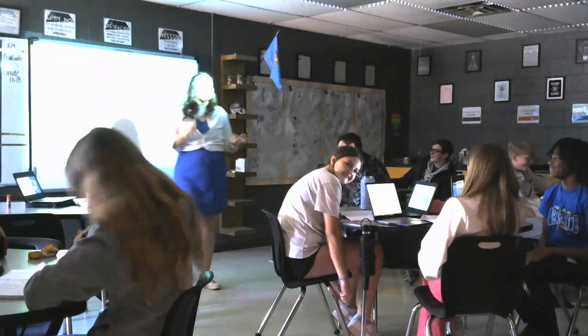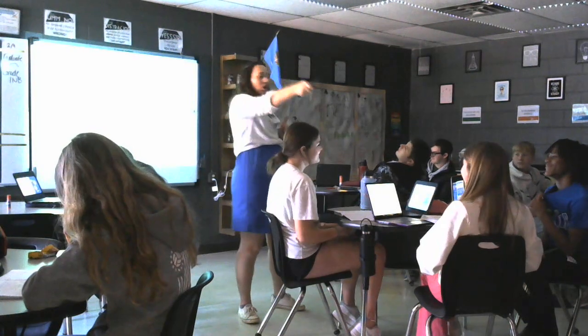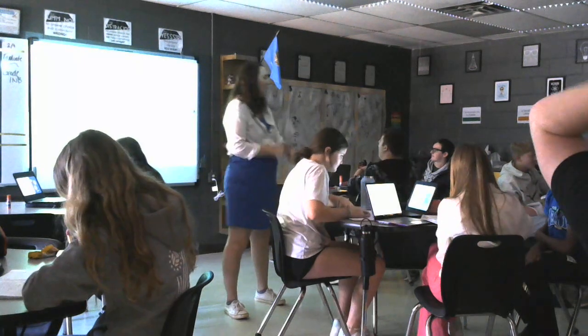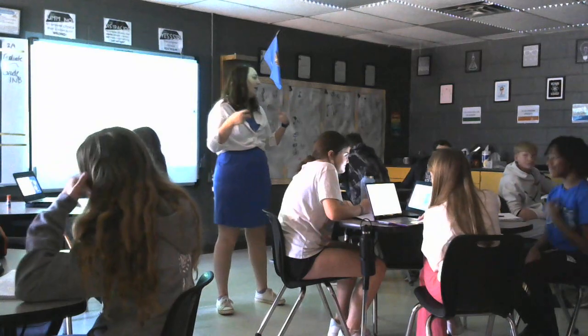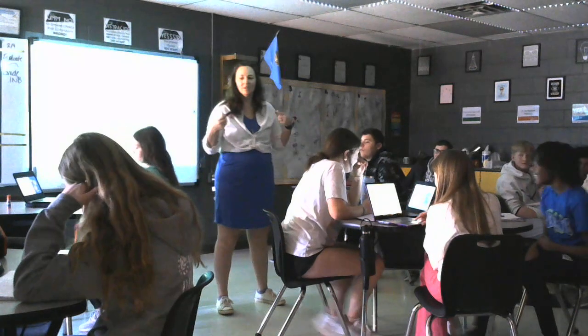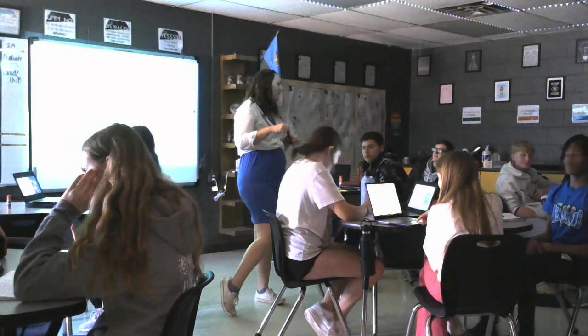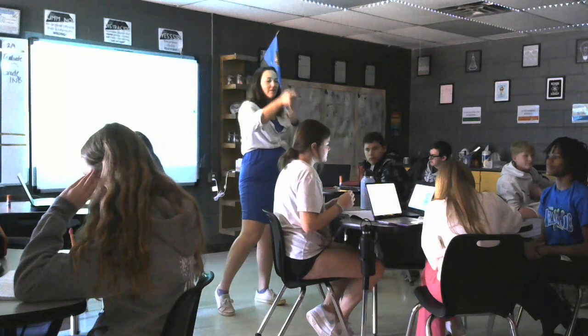How many chromosomes do you have in your cells? 23. Josh, say that again. 46. Alright, I was saying 92 up here. Pay attention. Okay? Let's try that again. Josh, we have how many chromosomes in our cells? 46.